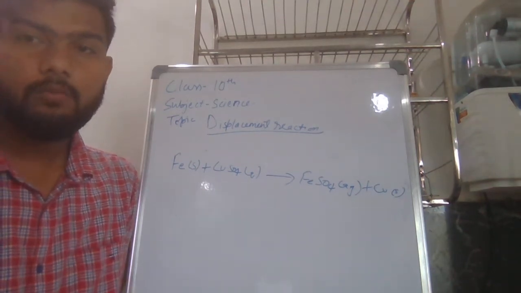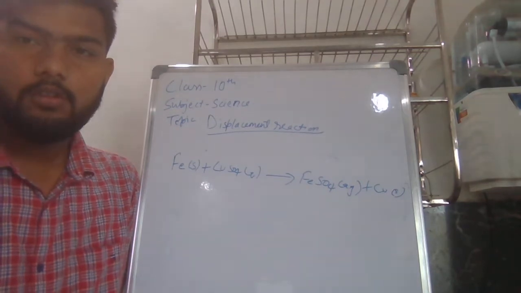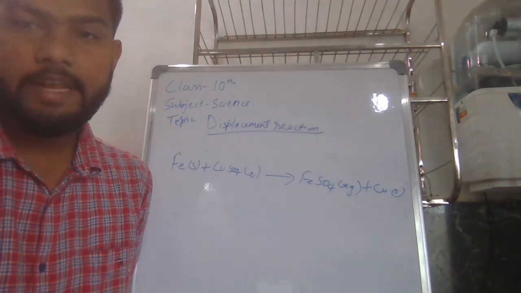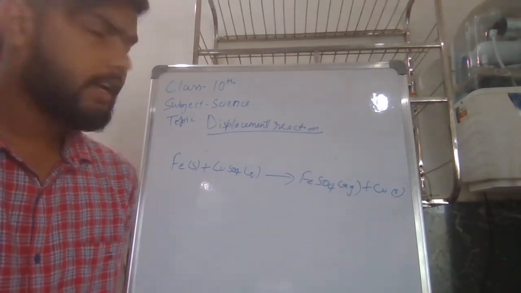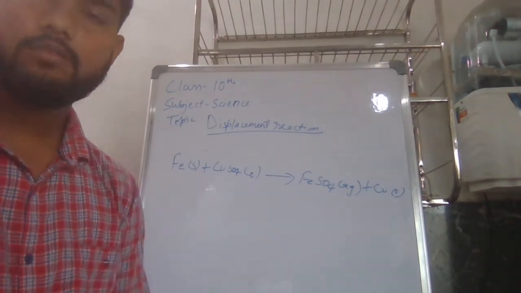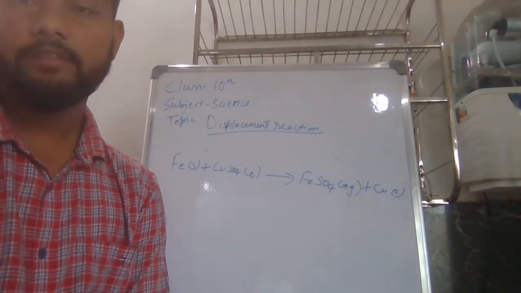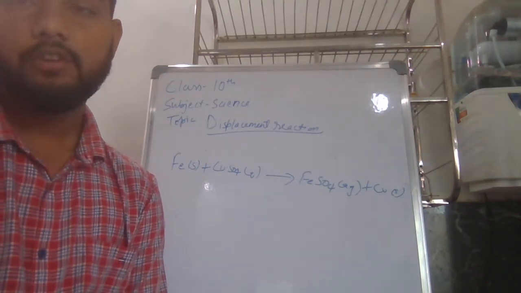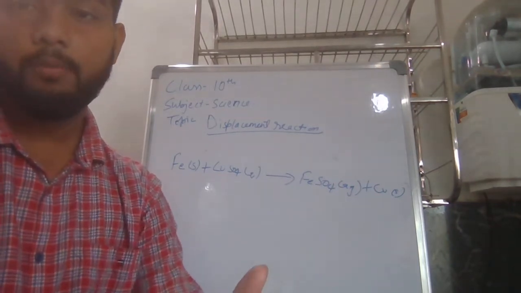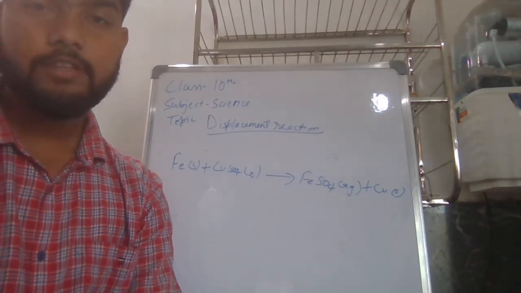Okay, so moving further, you have to tell me, is it possible to react copper nails with ferrous sulfate? Yes, we can do this using ferrous sulfate. Okay, I have a question for you: when iron nails are kept in the solution of copper sulfate, the color of the solution changes from which to which?